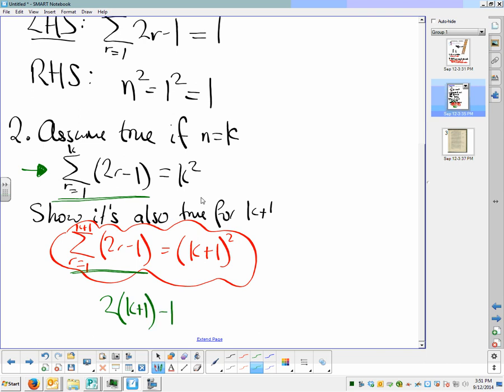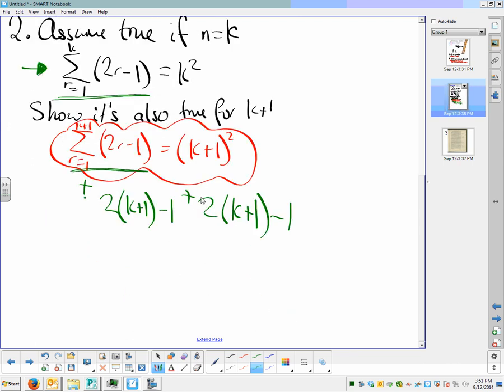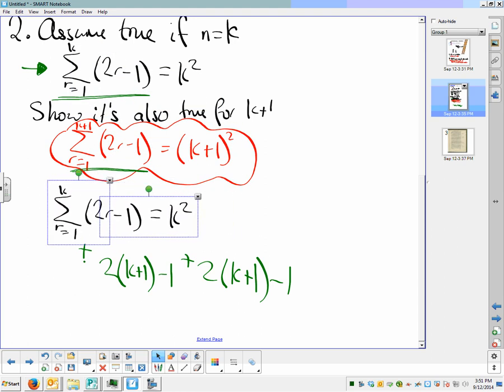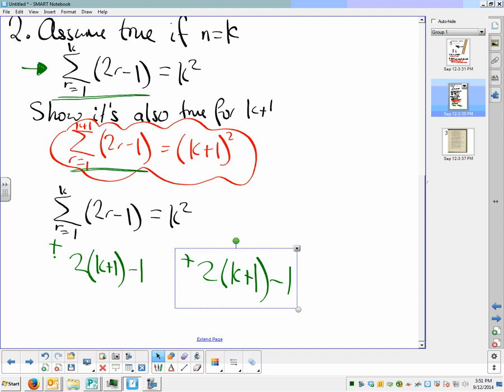So I'm going to add that onto both sides. Not both sides of that equation, though. That I'm not allowed to assume is true, but both sides of this equation. Starting from there, I'm going to add the next odd number to both sides.